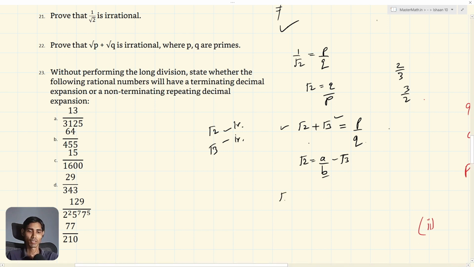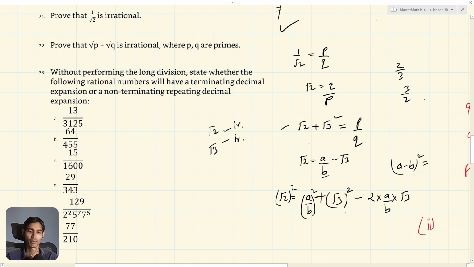Simplify: 2 is equal to a by b whole square plus root 3 whole square minus 2 into a by b into root 3, using the identity a minus b whole square, right?